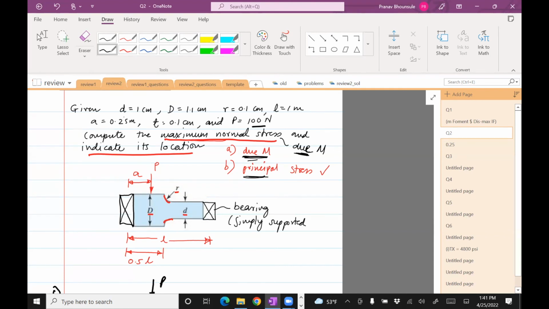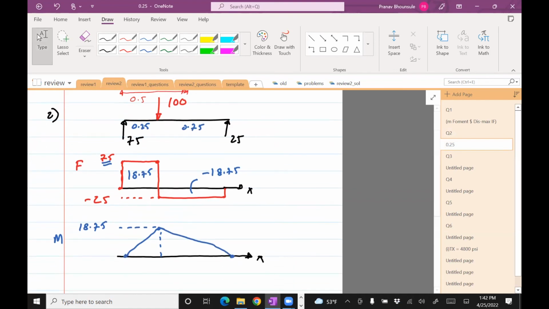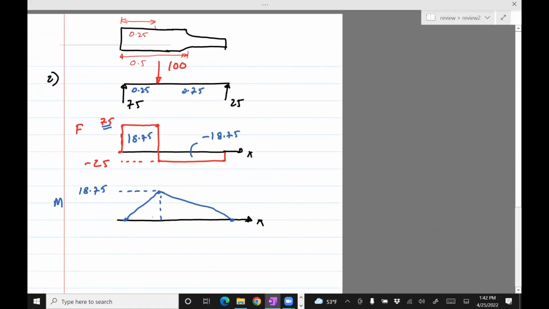If I was doing case B, I would have to look at the shear force and the bending moment, find sigma x, and I think it would be more work because I then have to do it at this point, and I'll have to do it for the stress concentration.